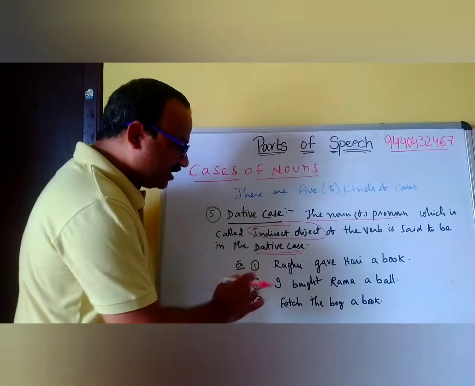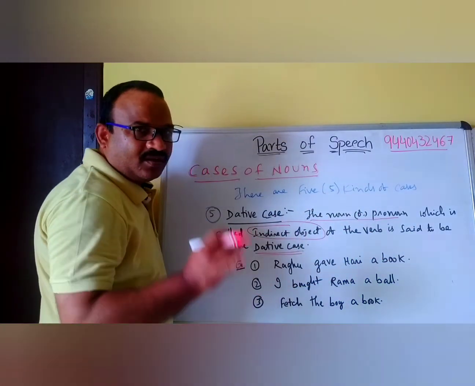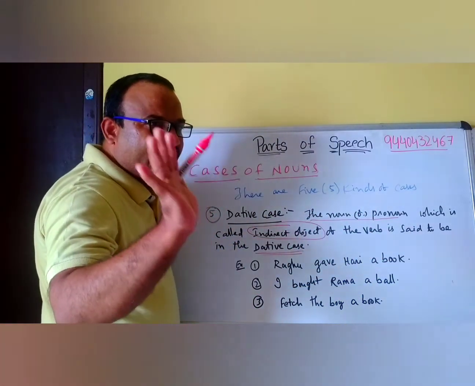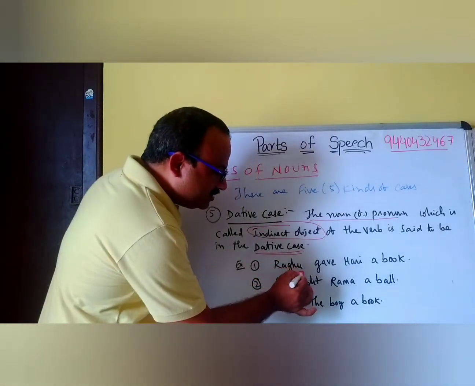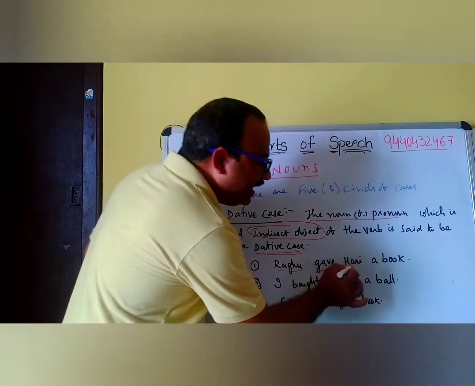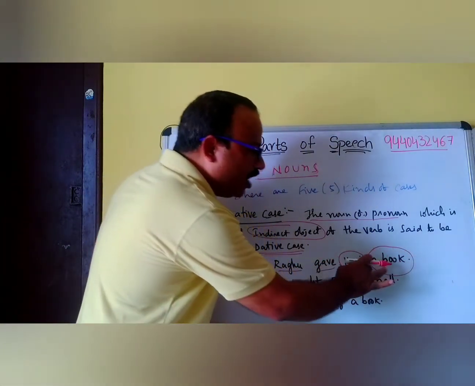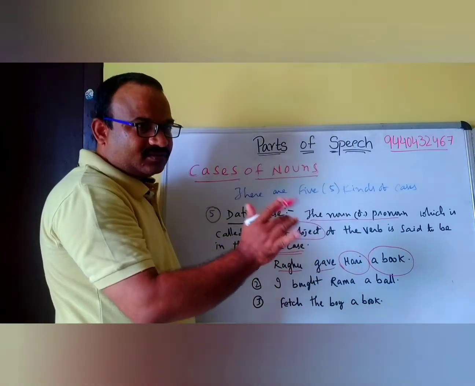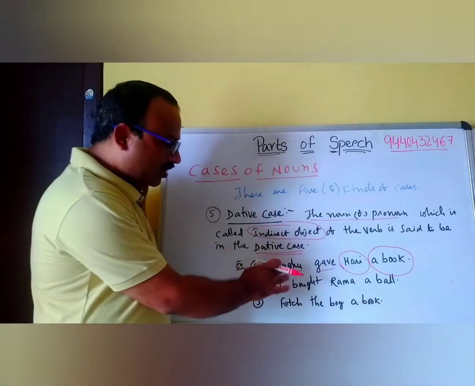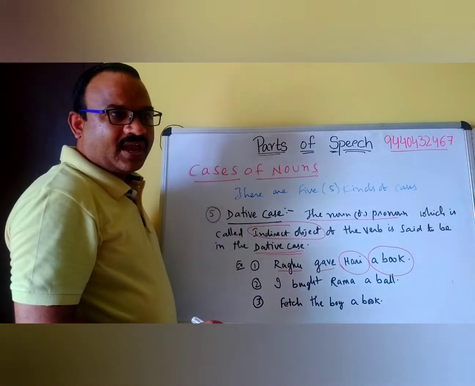See example. Raghu gave Hari a book. Here, see, subject, verb, Hari, a book. Here two objects are there. See carefully. Raghu gave Hari a book.